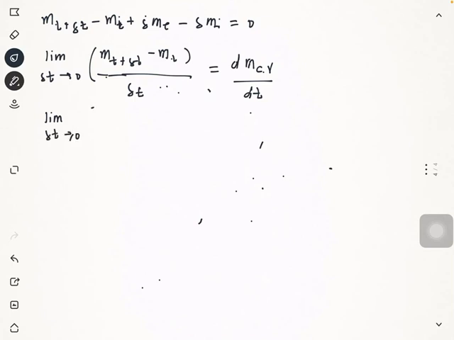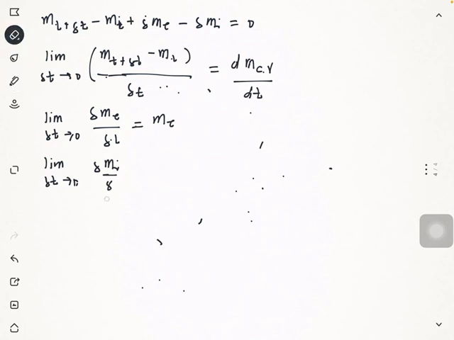So we have the differential of me with respect to t, this is equivalent to me. And the limit as t approaches 0 of the differential of mi over the differential of t is equivalent to mi.